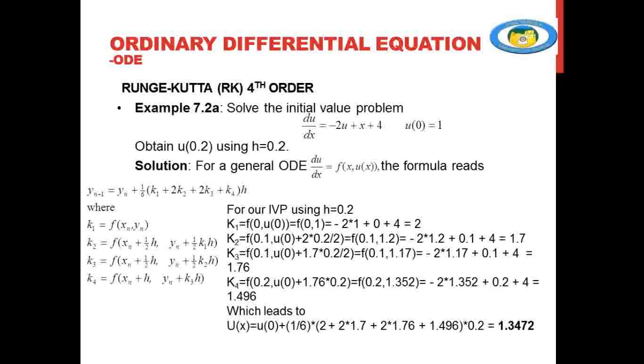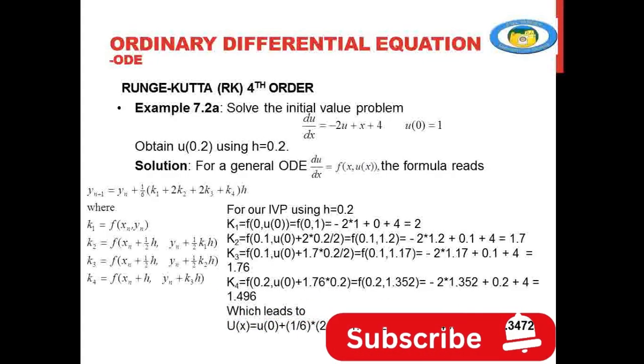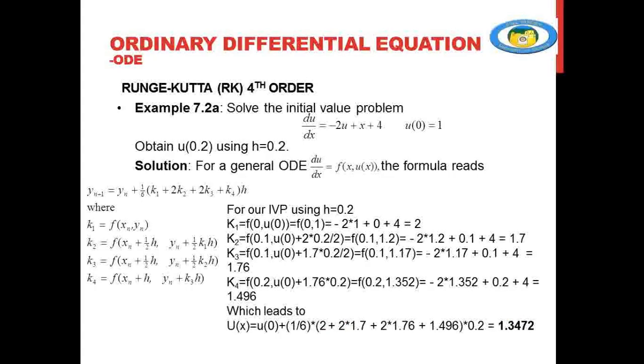Now, for a general ordinary differential equation du per dx, the slope or its derivative is f of x and u. So we are going to use the Runge-Kutta technique, which we have explained earlier. Now, let's first find the initial slope, k1, at 0 and u0. u0 is basically 1.